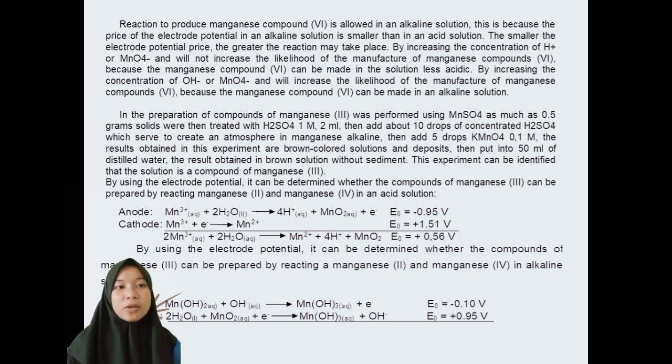By increasing the concentration of H plus, it will increase the likelihood of the preparation of compounds of manganese 3, because compounds of manganese 3 can be prepared in an acidic solution. Increasing the concentration of hydroxide will not increase the likelihood of the preparation of compounds of manganese 3, because compounds of manganese 3 cannot be made in alkaline solution.